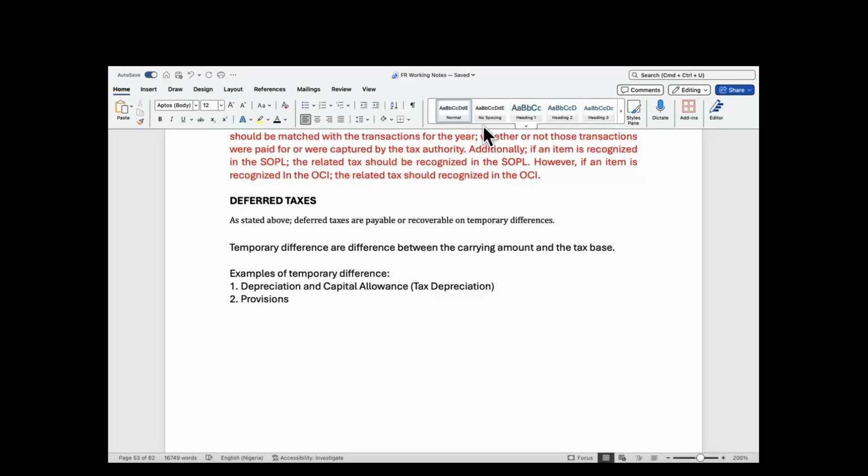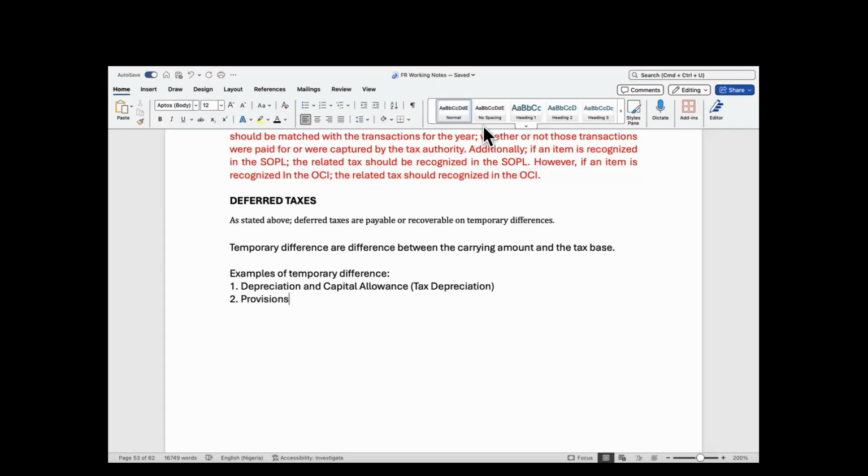They will say you have not incurred it. When you are making a provision that your customer might return some goods to you, that you are giving them warranty, and you need to incur some money, the taxman will say, okay, have you incurred the money? Have they returned it? So how would you allow? Taxman will not allow it.